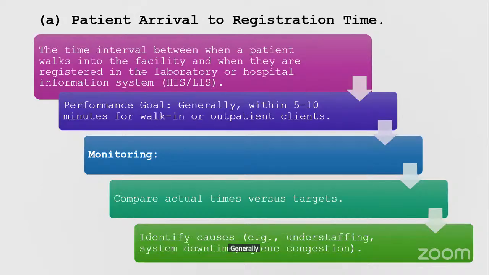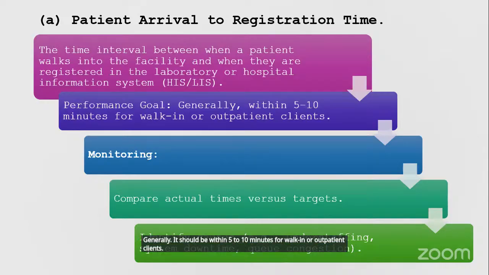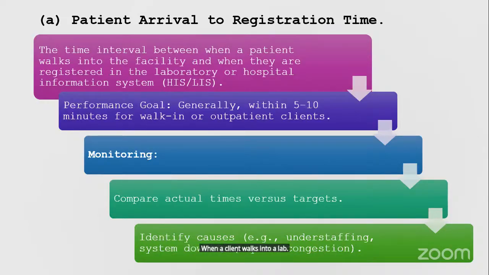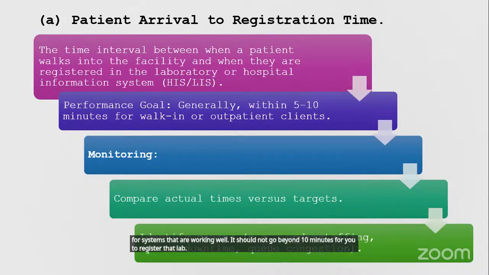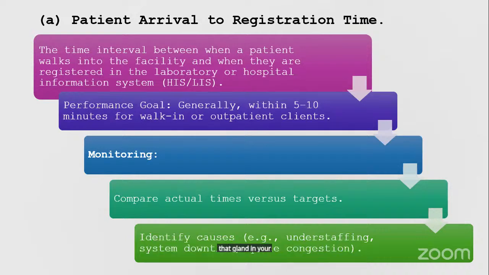Generally, it should be within 5 to 10 minutes for walk-in or outpatient clients. When a client walks into your lab, standardized time for systems that are working well, it should not go beyond 10 minutes for you to register that client in your system, okay?